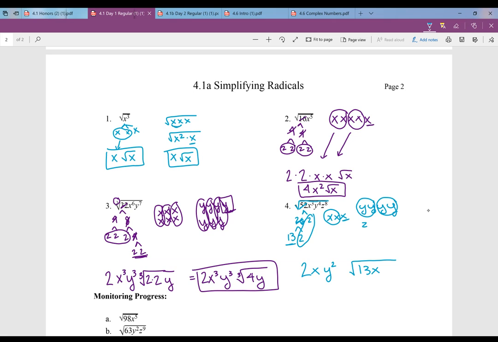And lastly, we have z to the 8th, 1, 2, 3, 4, 5, 6, 7, 8. How many groups of 2 do we have here? 1, 2, 3, 4. So that means we're going to pull out 4 z's, or z to the 4th. So that would be our final answer. We don't need to simplify that anymore. 2xy squared z to the 4th times the square root of 13x.